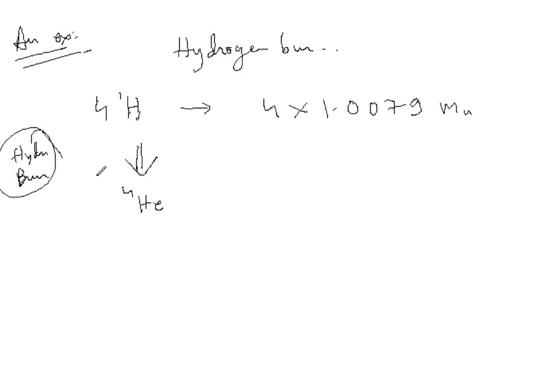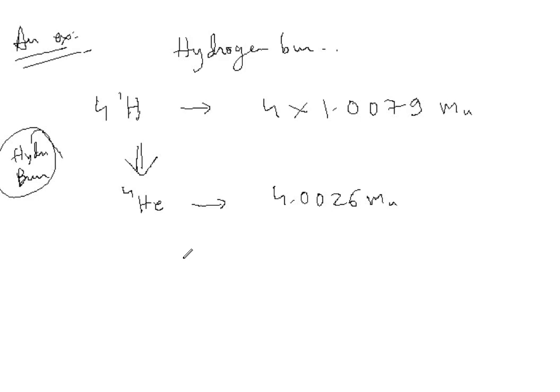Okay, now, as I was saying, they are transformed into one helium nucleus and it has a mass of 4.0026 atomic mass units. Now you see these atomic masses are given for the neutral atoms, that is, nucleus plus all electrons.